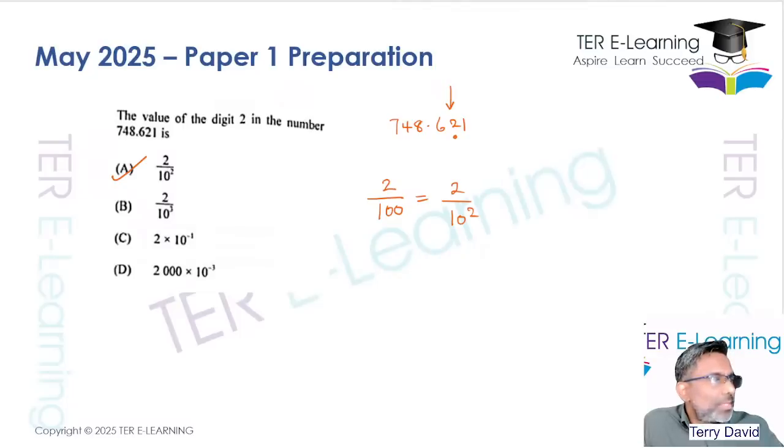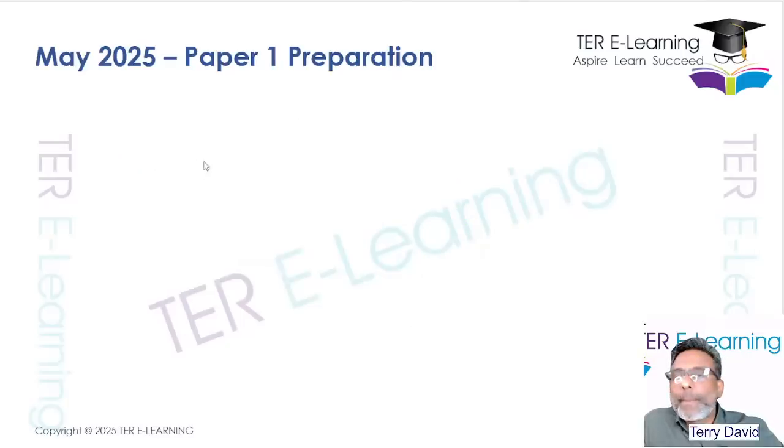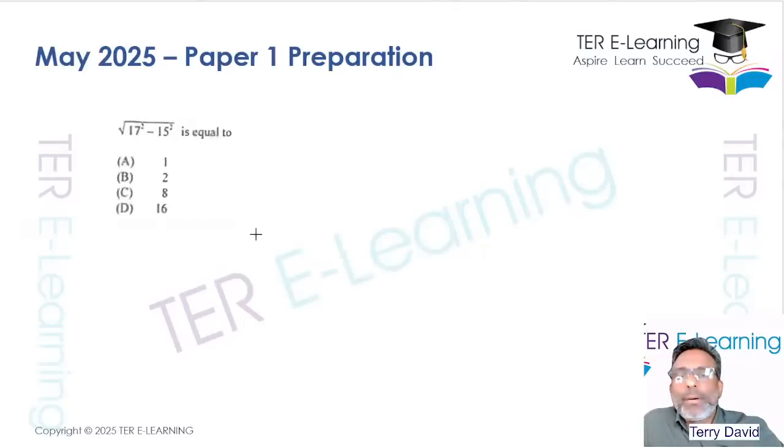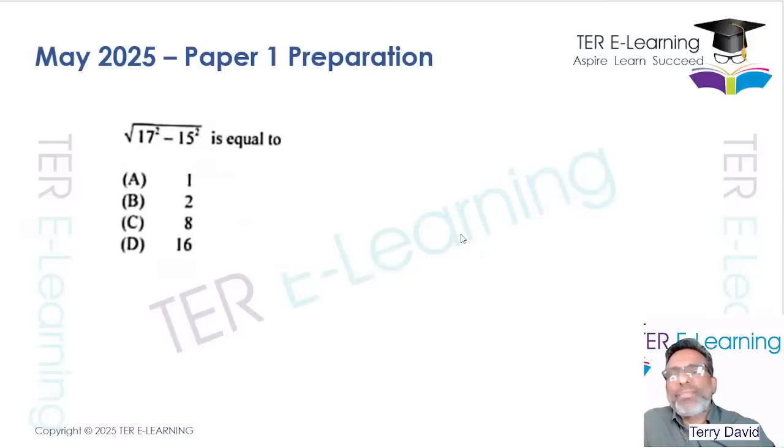What about this question here? I have 17 squared minus 15 squared, and I want to find the square root. Now, I notice there are some students who are just guessing answers. Please avoid doing that.